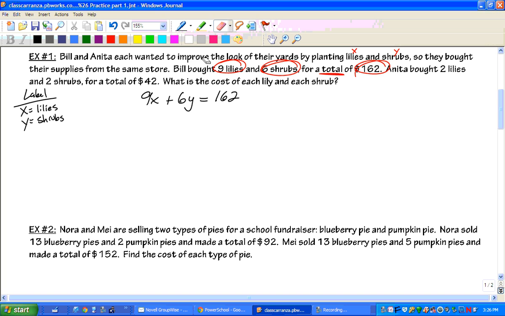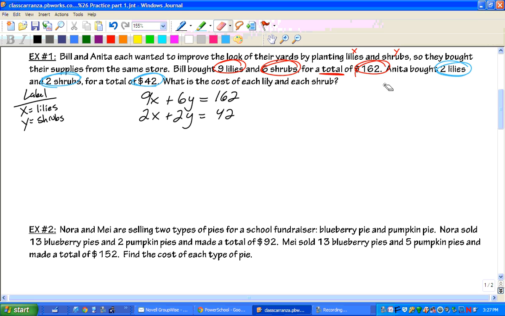We got all of that just from reading that first sentence. Now, looking at the second one: 2 lilies, 2 shrubs, $42. So 2x plus 2y equals 42.